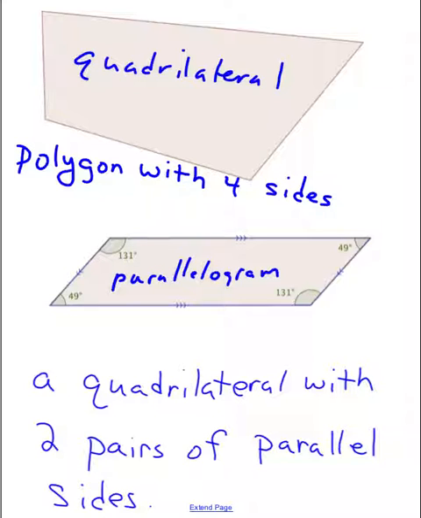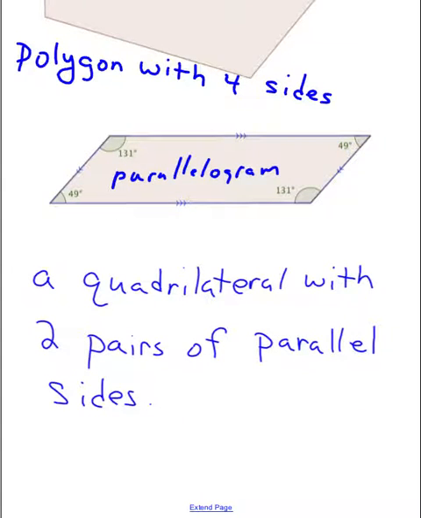Now that's the basic definition and an acceptable one, but what else do we notice, so we start to realize there's more to the story than that? Student: It has two pairs of the exact same angles.